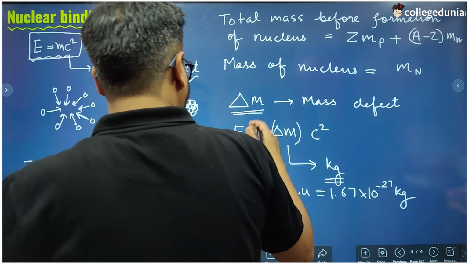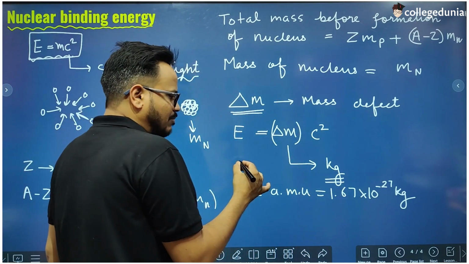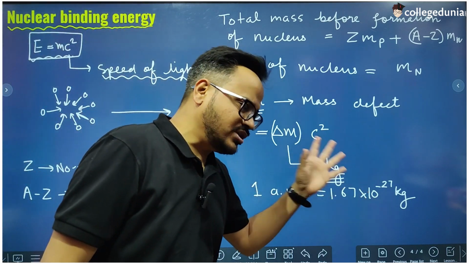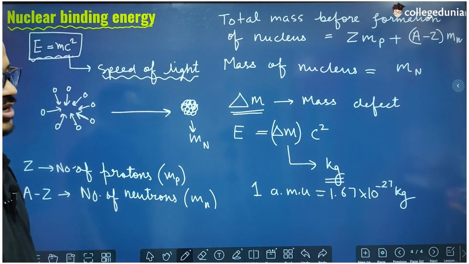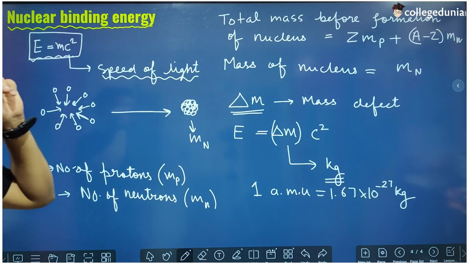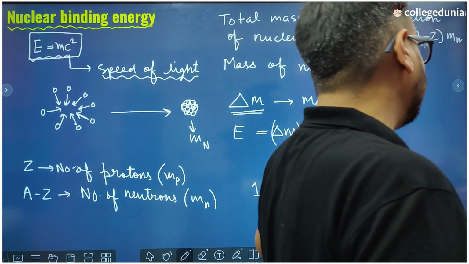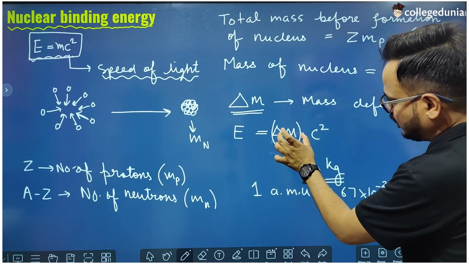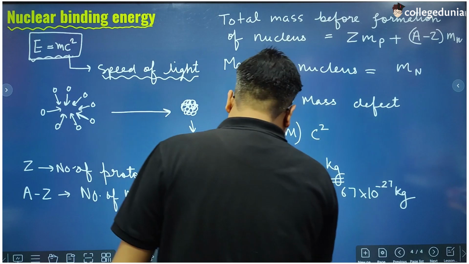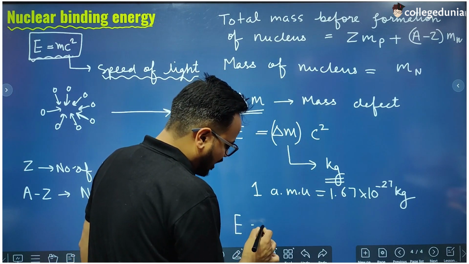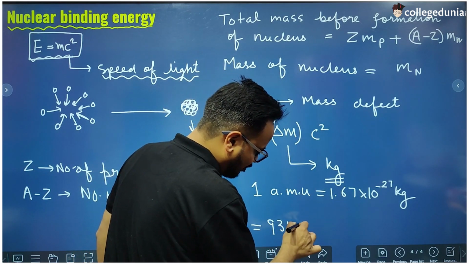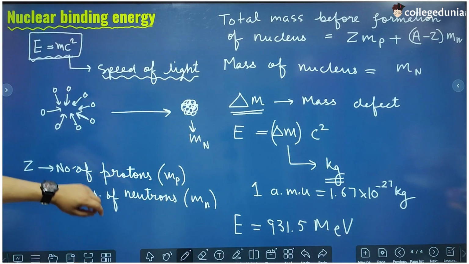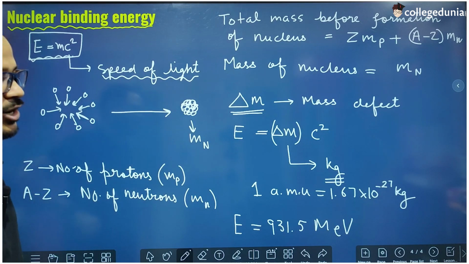There is one shortcut for doing the numericals based on this concept. In each and every question we have to convert AMU into kg using this relation, and then multiply by c square. So why do this calculation again and again? We will calculate this value first by putting 1 AMU here, and the energy comes out to be 931.5 mega electron volt.